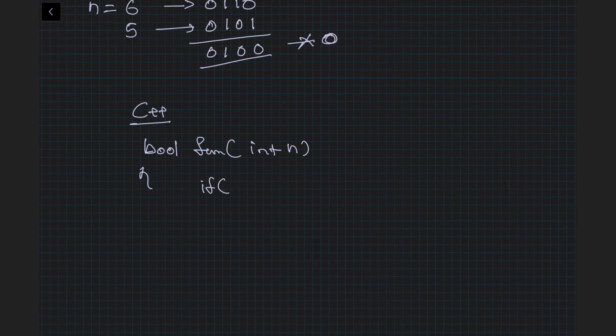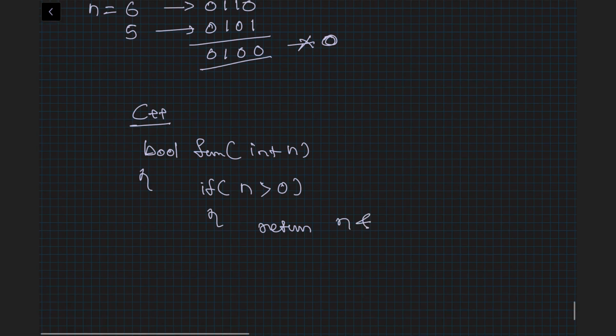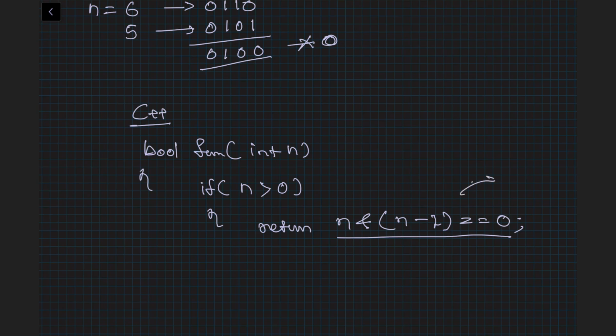So we check if n is greater than 0, then only we return this formula, where n is having an AND operation with n minus 1, and if it equals 0, we get the value true, else false. That's it. Else return false.